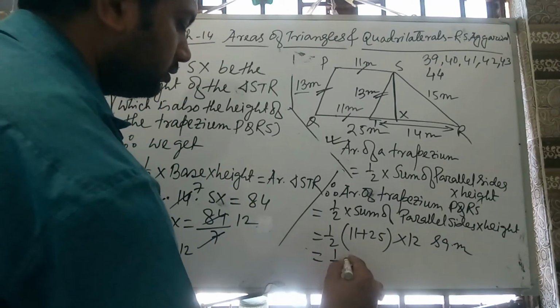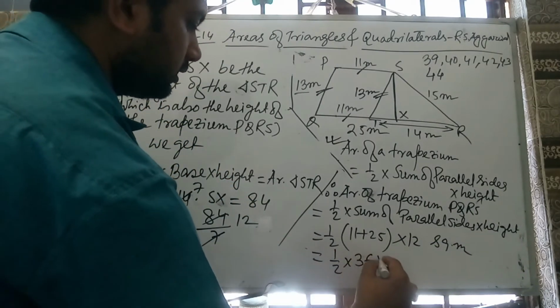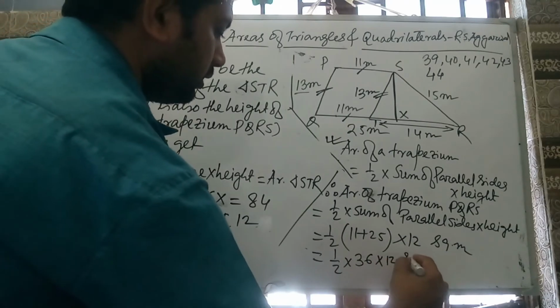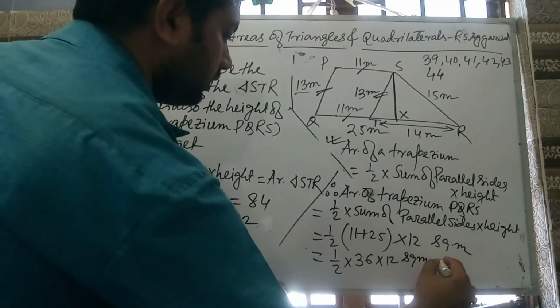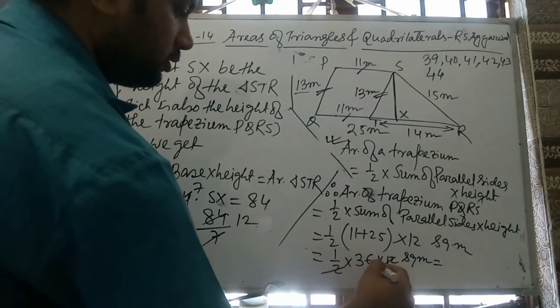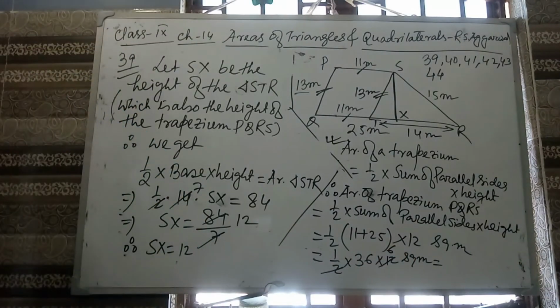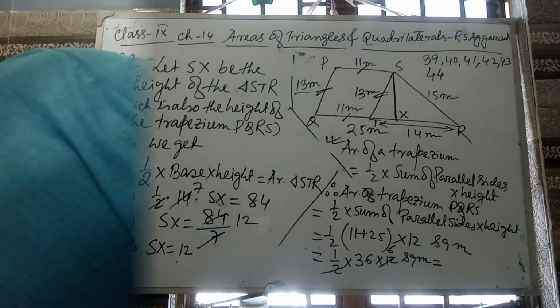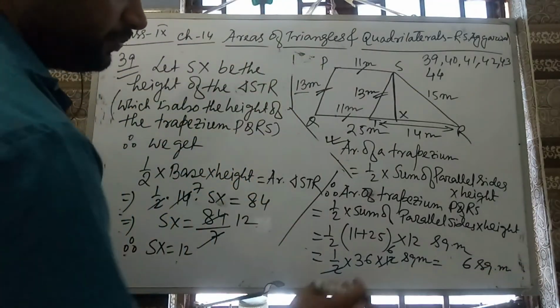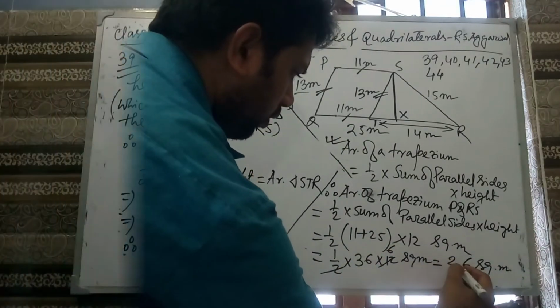Simplify, half into 36 into 12 square meter, that is this one and 12 cancel out. 36 into 6 gives you 216.